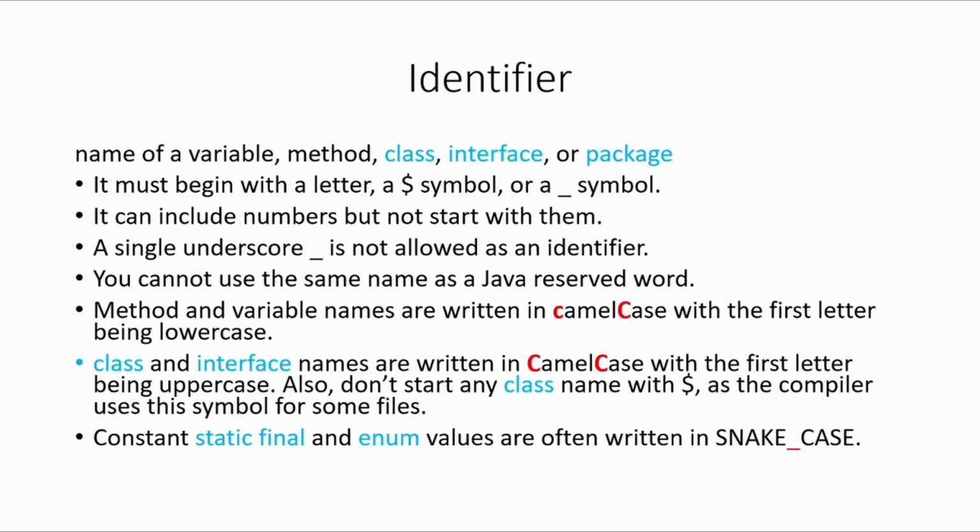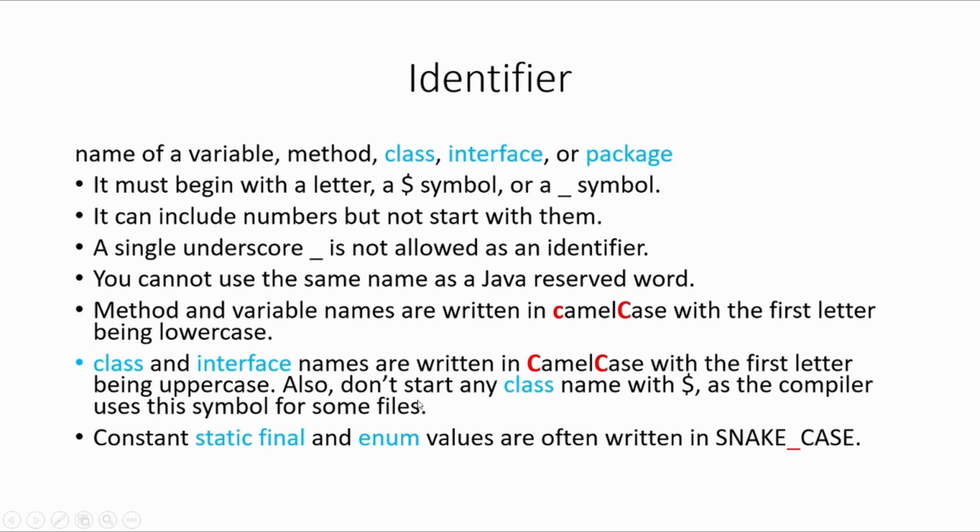For method and variable names, class and interface names, we use camel casing. Camel casing is like separating two words by the first character. So for methods and variables, the first letter is lowercase, followed by the first letter of the next word in uppercase. For class and interface, the first letter of each word is capital.